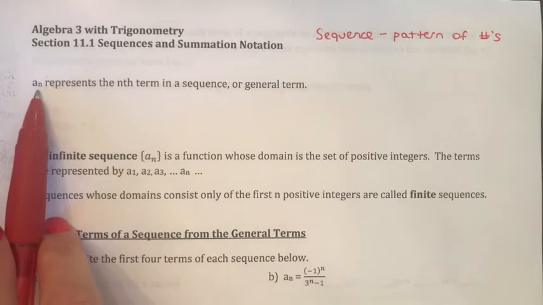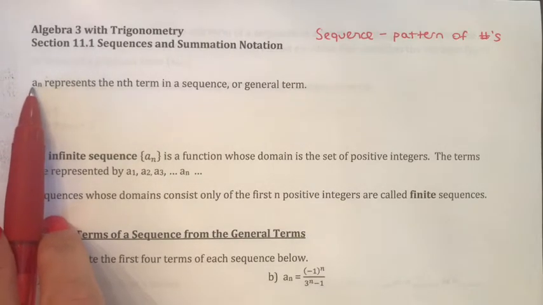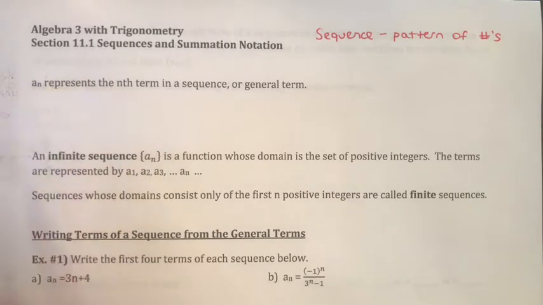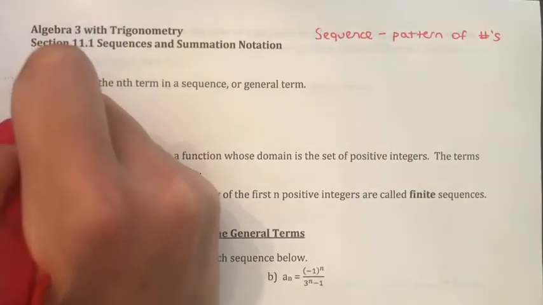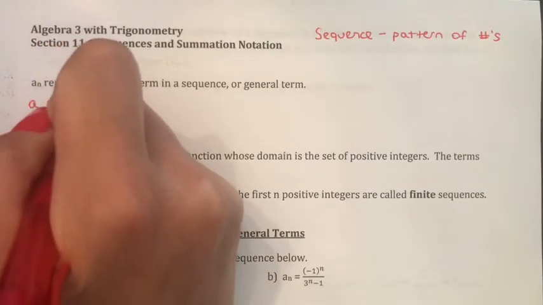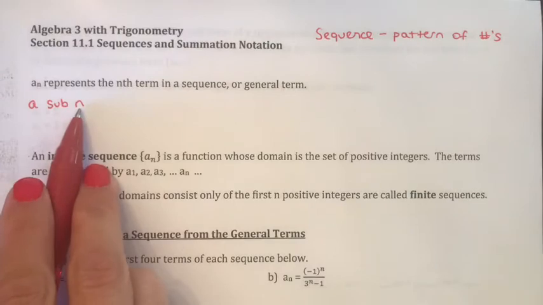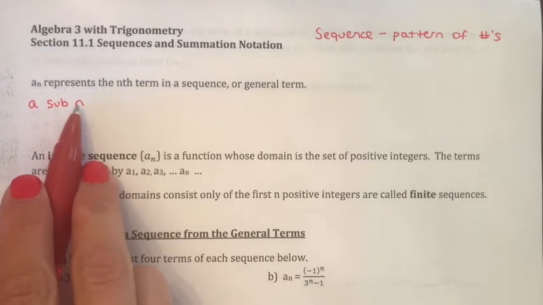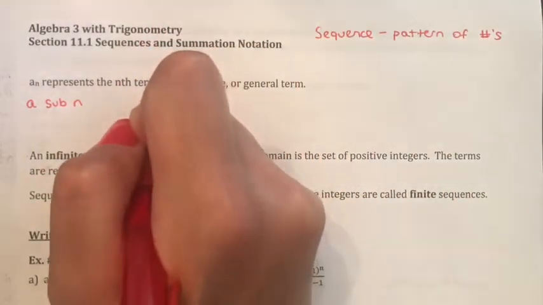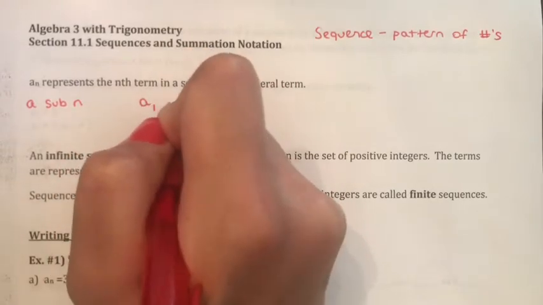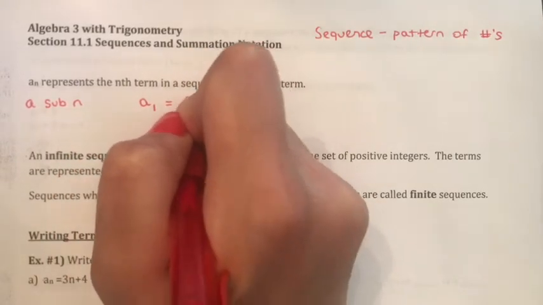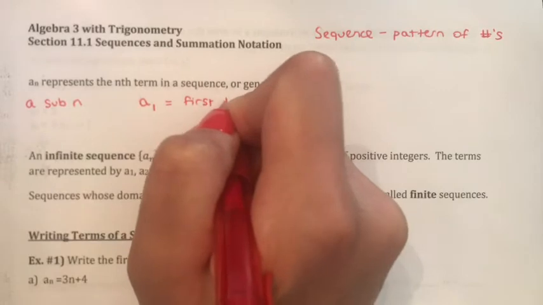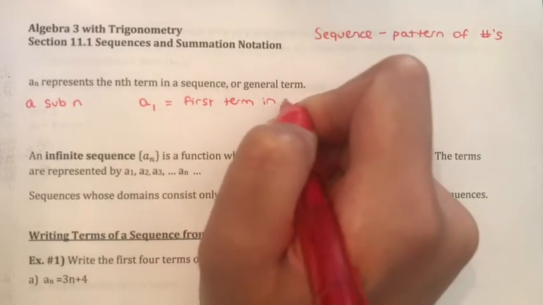So A sub n is how we read this notation. It's an A with a little n right next to it, and we read it A sub n. That n is representing which term in the sequence. So let's say I had A sub 1. That's the first term in the sequence.